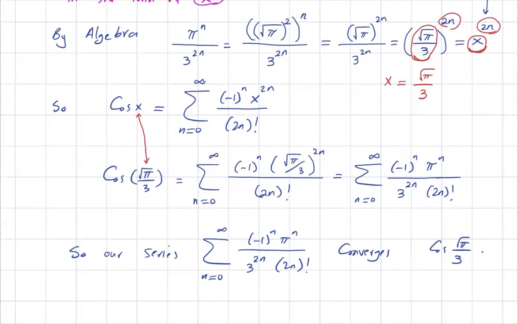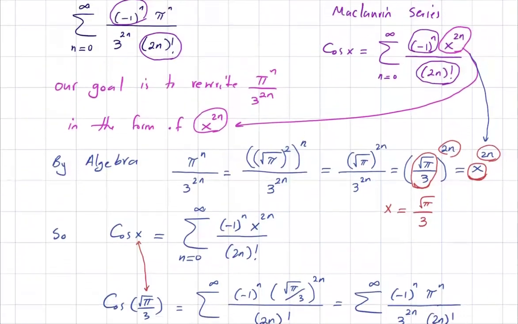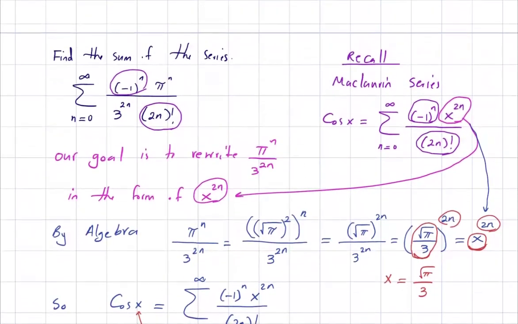This is one of the uses of Taylor series and Maclaurin series that help us to find the sum of other types of series. So in this case, we had the summation of (-1)^n pi^n divided by 3^(2n) (2n) factorial.